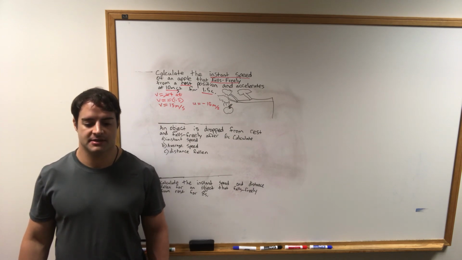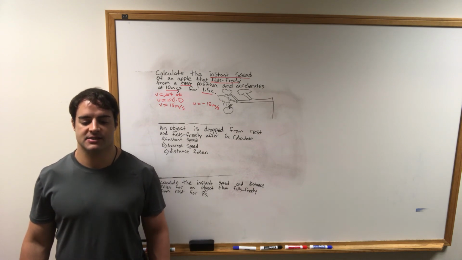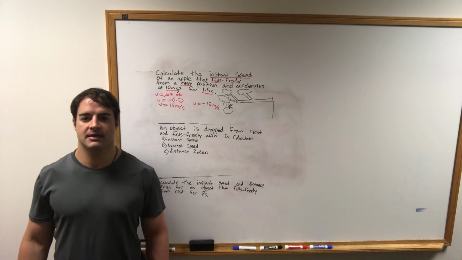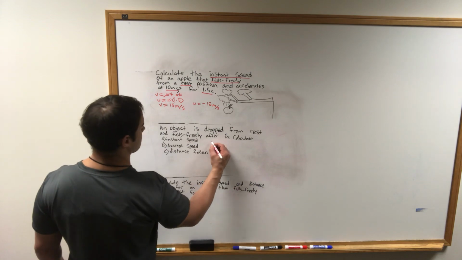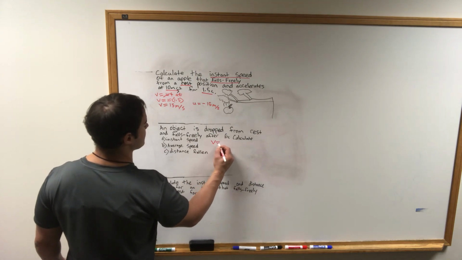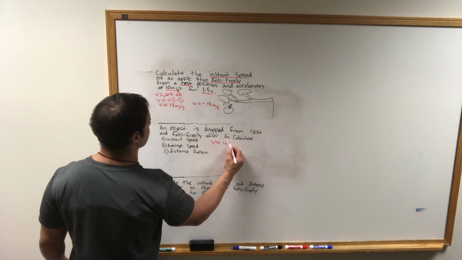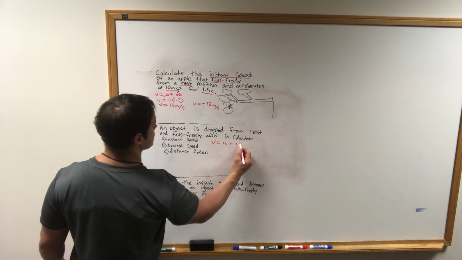Next, an object is dropped from rest and falls freely after 6 seconds. Calculate the instant speed, the average speed, and the distance fallen. Again, you want to use the equation: the final velocity equals initial velocity plus acceleration times time.